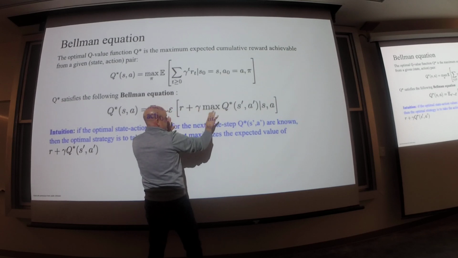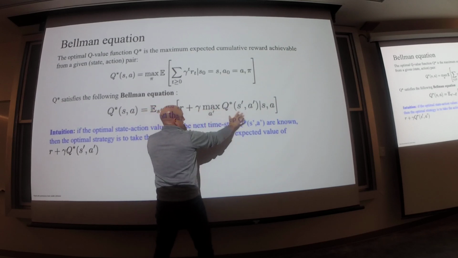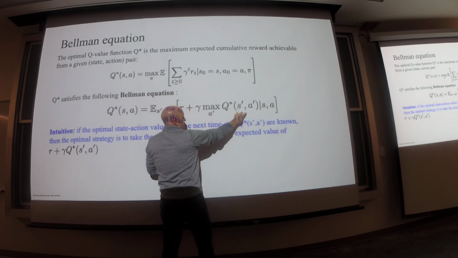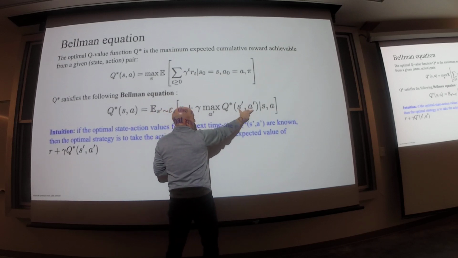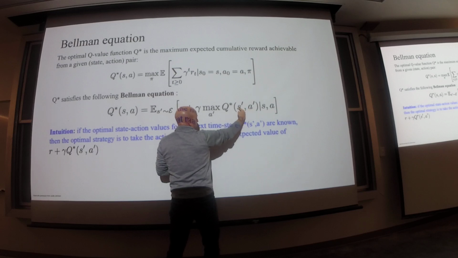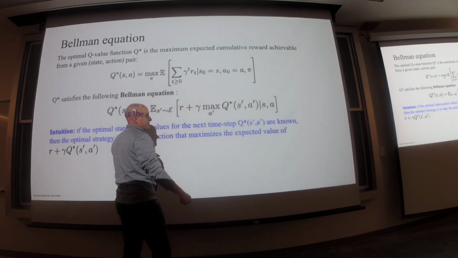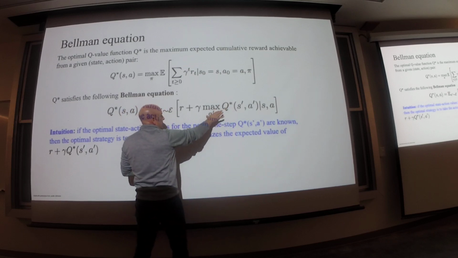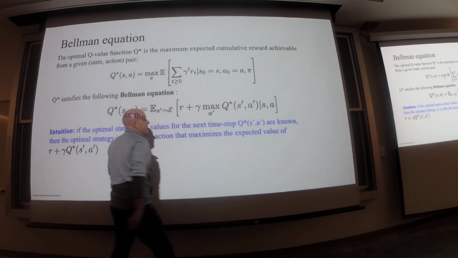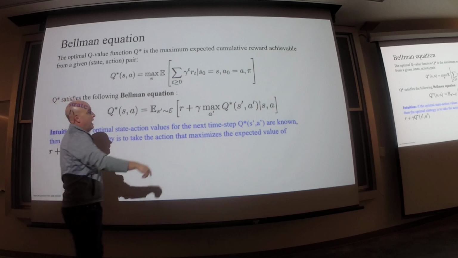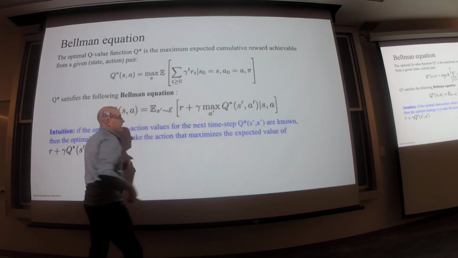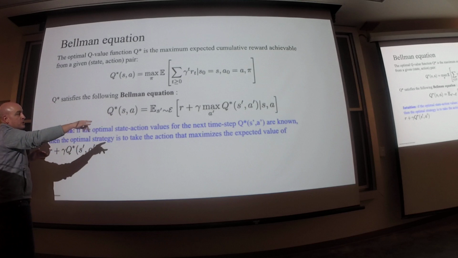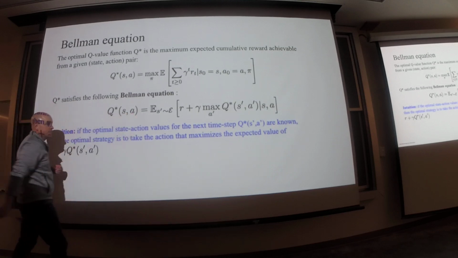So this is like taking a step. This is the previous state and the previous action that I took, and then that got me to some new place. I discount that value, and I add to that the reward that corresponds with the current state and action.